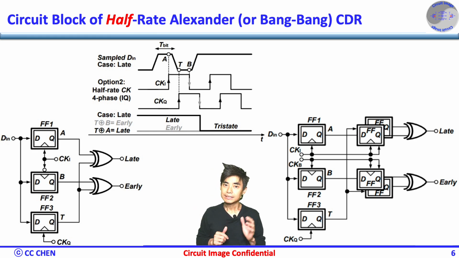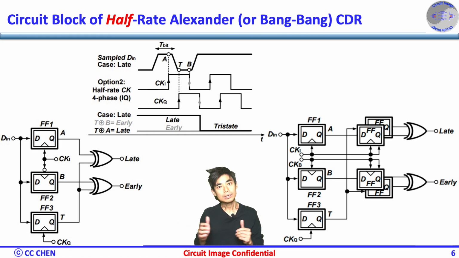After A, T, B are available, can we do the XOR to figure out early, late? Sorry, not yet. As the full-rate phase detector, PD, we still need to align all the data after resampling the A, T, B in the same clock domain. Therefore, one more retiming stage is needed.